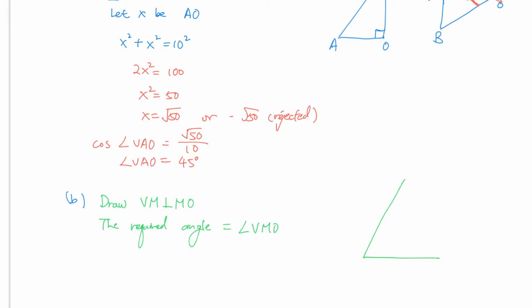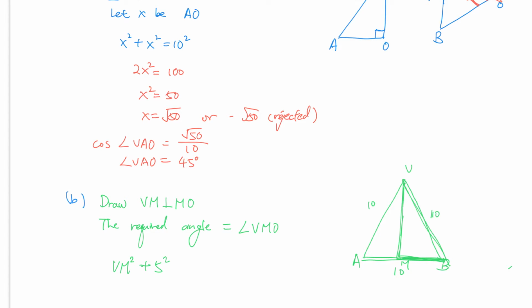You may consider the triangle VAB to find the length of VM. This is 10, this is 10, and this is also equal to 10. Consider this triangle: VM squared plus 5 squared, since M is the midpoint.